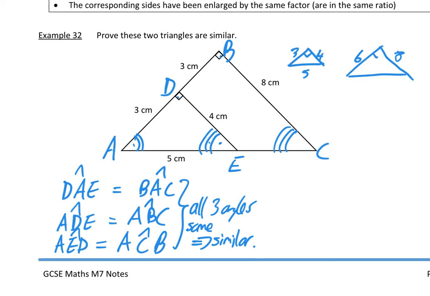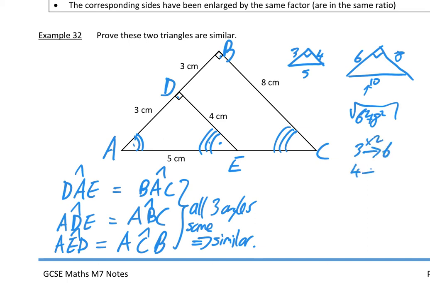Because that's a right angle triangle, you could work that out by Pythagoras' theorem, and that would be equal to the square root of 6 squared plus 8 squared, and if you work that out, it works out to be 10. Then we can see that you go from 3 to 6 by multiplying by 2.